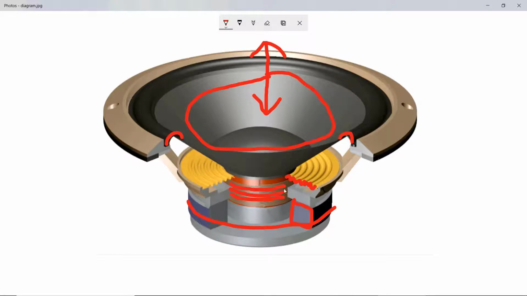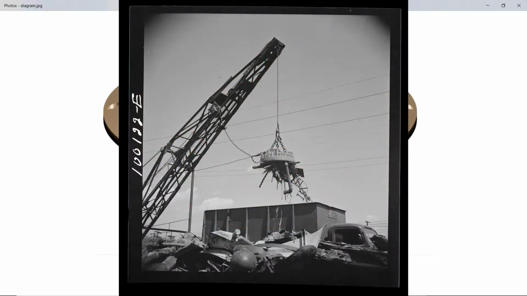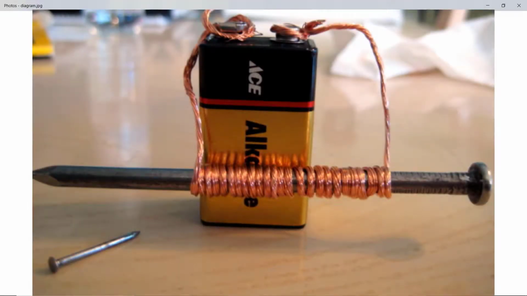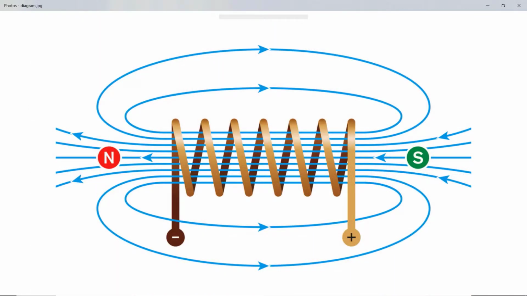Maybe you've seen electromagnets before. Like maybe at a junkyard, you've seen an electromagnet on the end of a big crane to lift up derelict cars. Or maybe you've built one out of a nail and wire. But when electricity flows in circles like that, it makes a magnet.